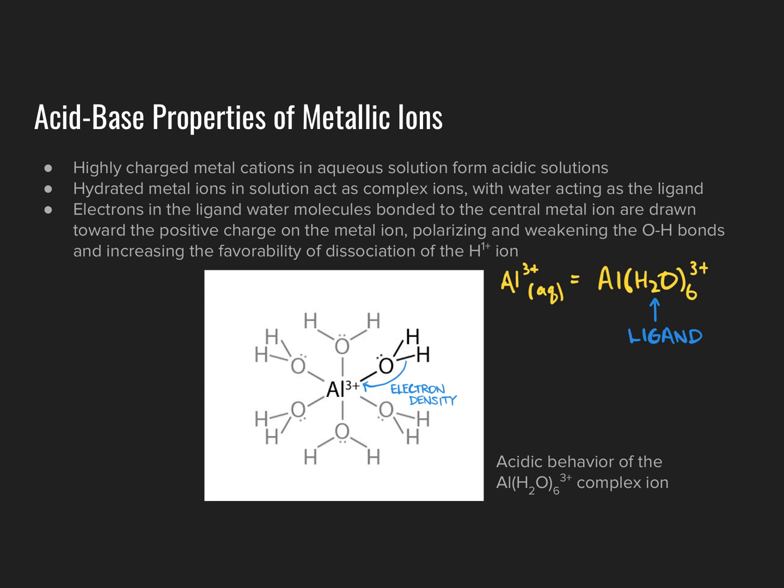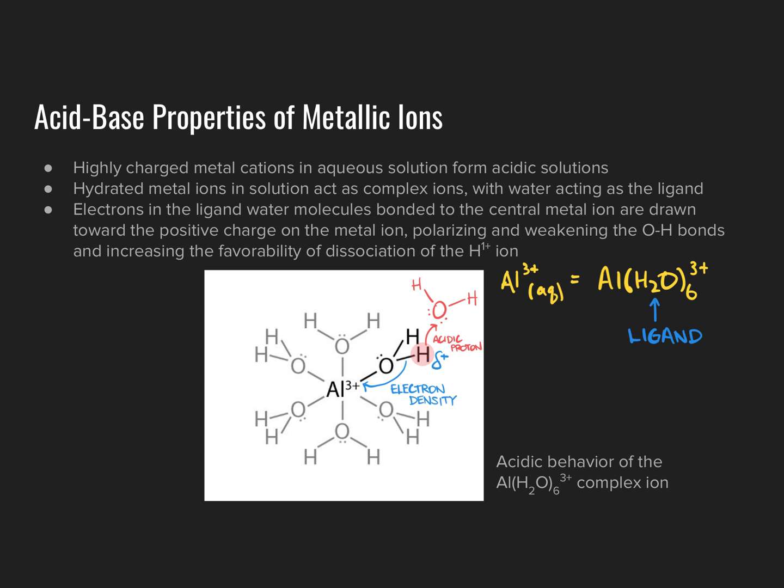And as such, we're going to polarize and then weaken the oxygen-hydrogen bonds present within the water molecules themselves. That's going to make those hydrogens more effective hydrogens that could be donated via a Bronsted-Lowry acid-base interaction with another water molecule within the solution.